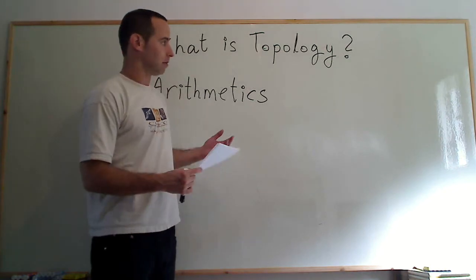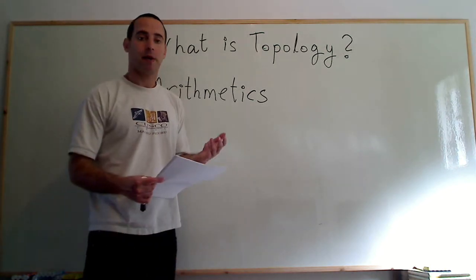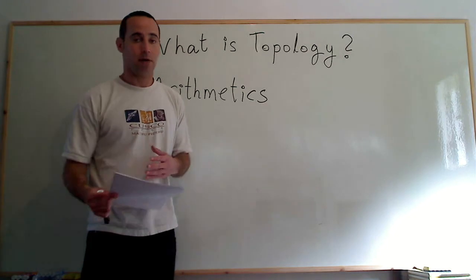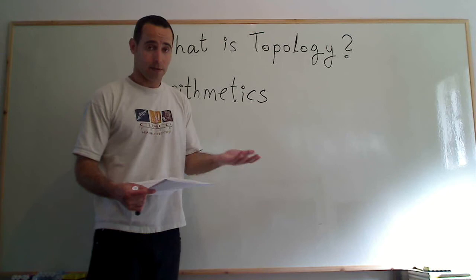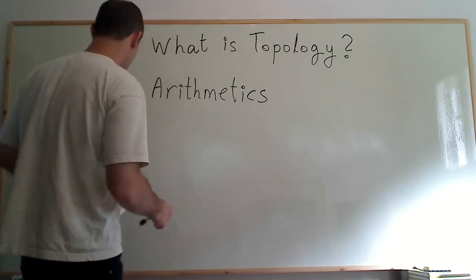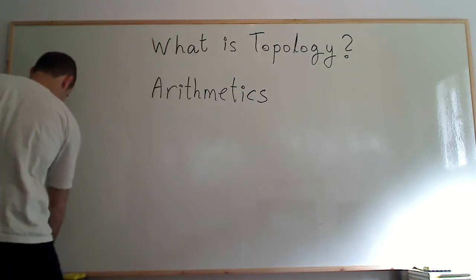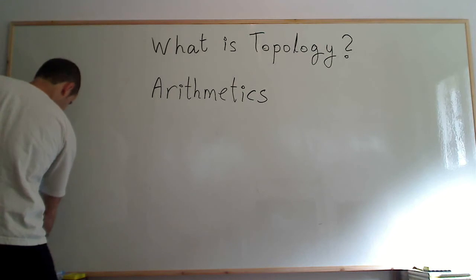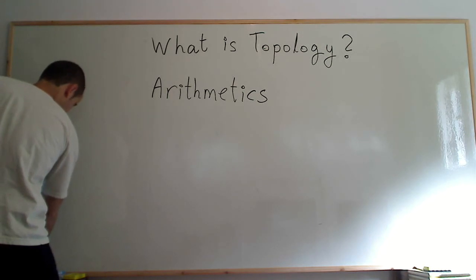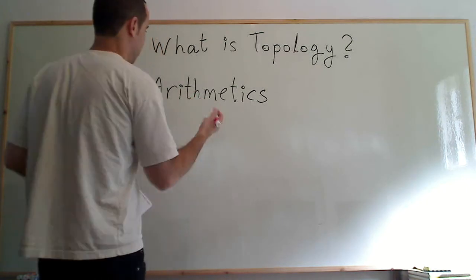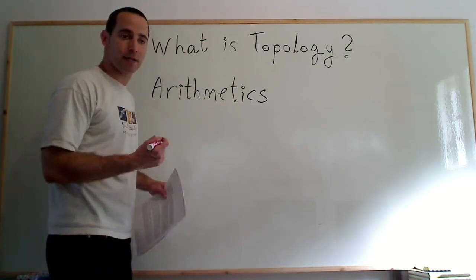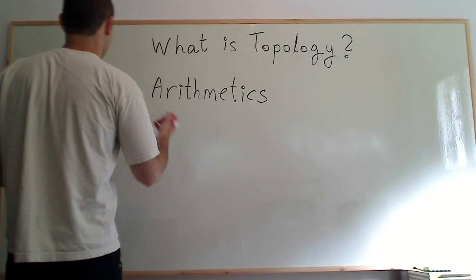Okay, so we go to the supermarket and we buy 2 apples and 3 oranges, and how many fruits we bought, this sort of thing. It's the mathematics of simple numbers. Okay, let's call it that.